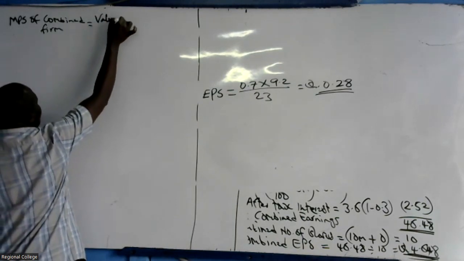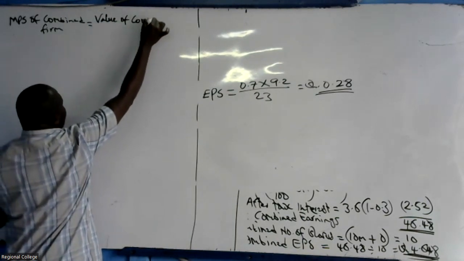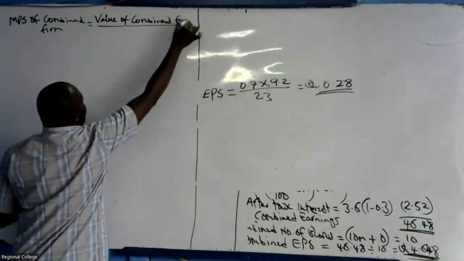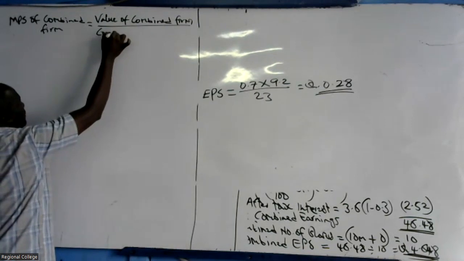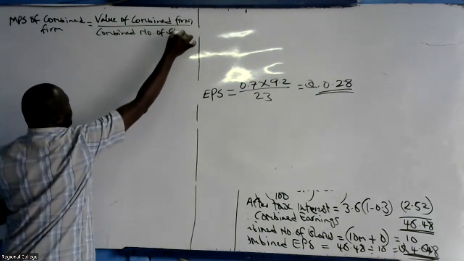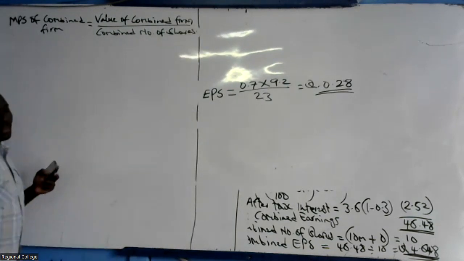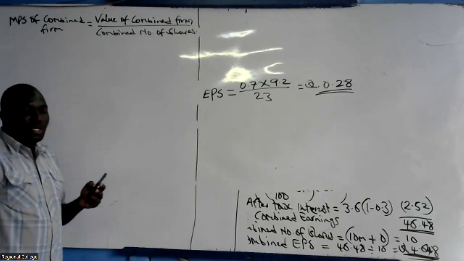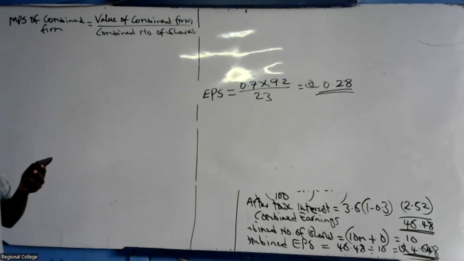So the MPS of the combined firm becomes the value of the combined firm divided by the combined number of shares. Before acquisition, the exchange ratio does not come in. We have the value of Songo and the value of Trigger.